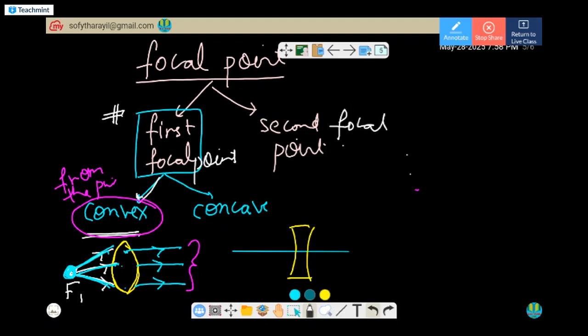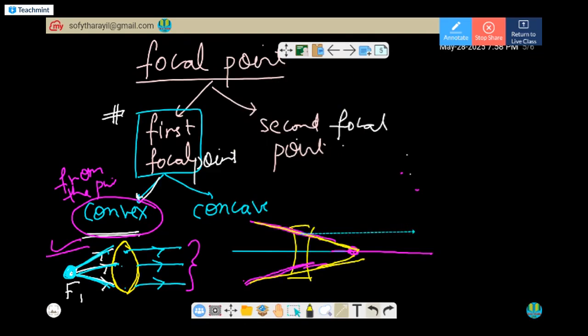From somewhere it is coming, and of course the rays will always come from the left side, as they did for convex. When rays come from the left side and try to meet at a point, technically they're not going to meet there. In fact, they will hit the concave lens and go parallel.